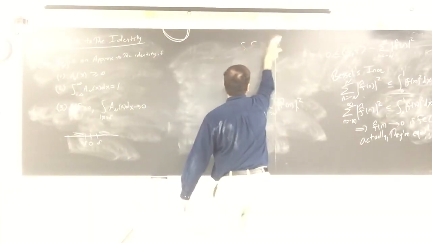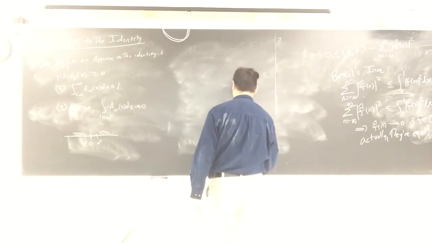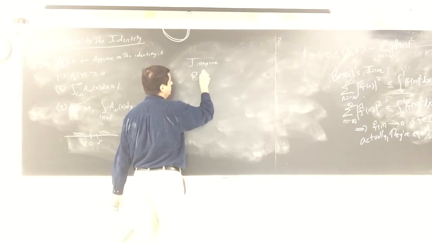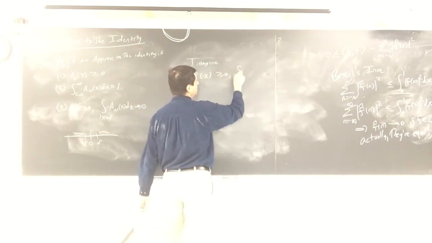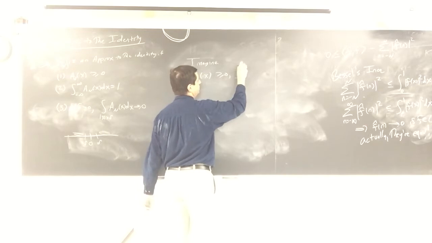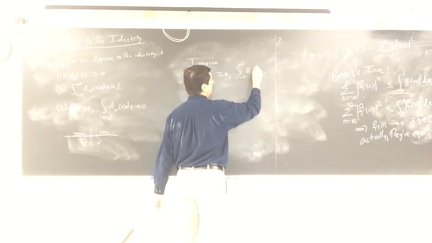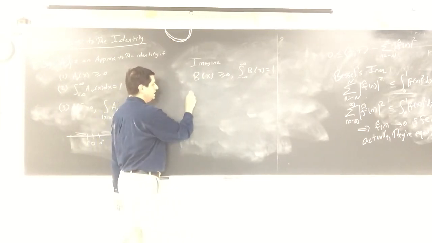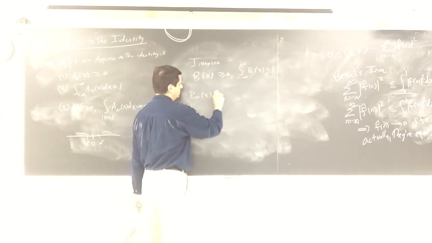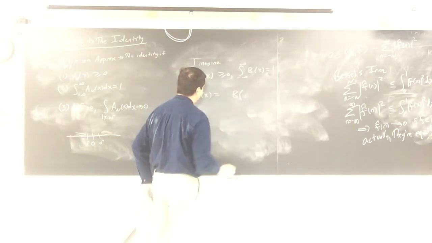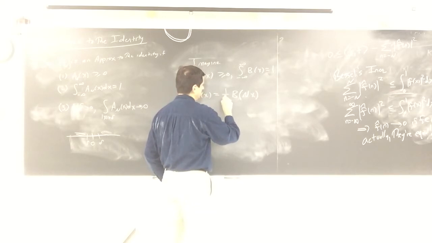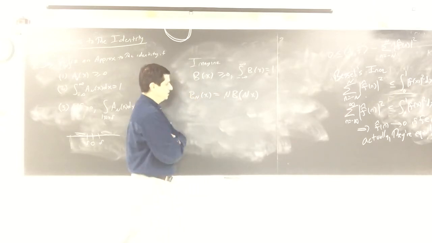So imagine b of x is greater than or equal to 0, and the integral from minus infinity to infinity of b of x equals 1. Let's let b_n of x equal n b of nx.